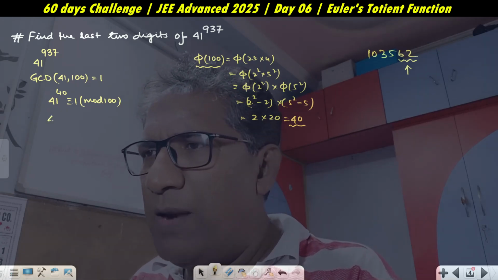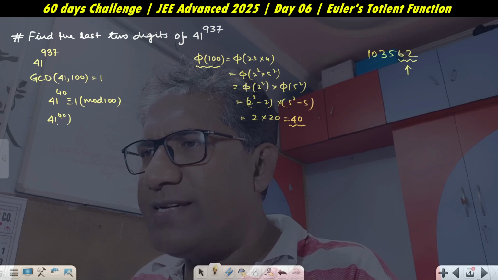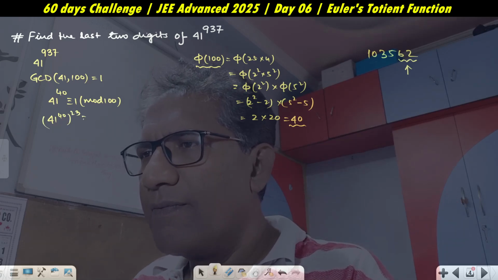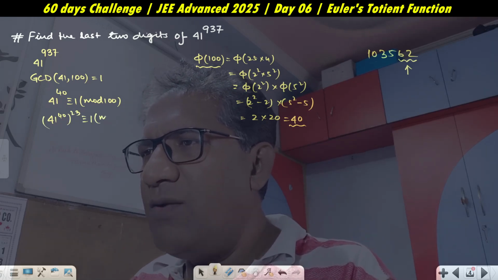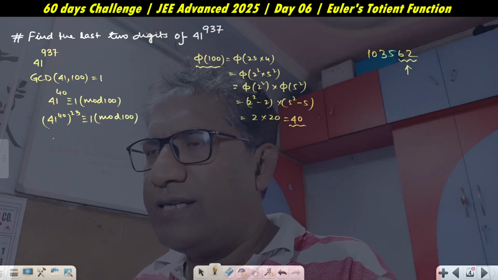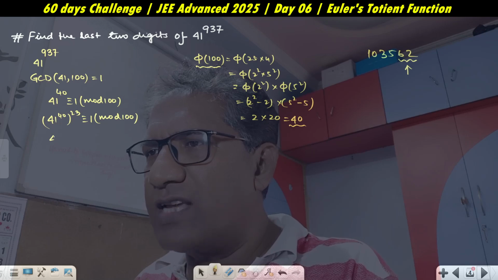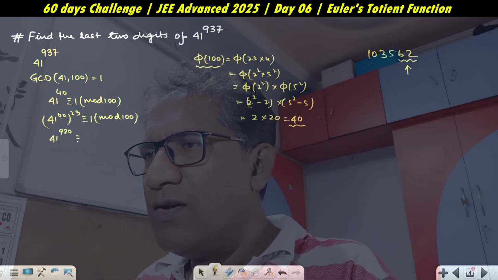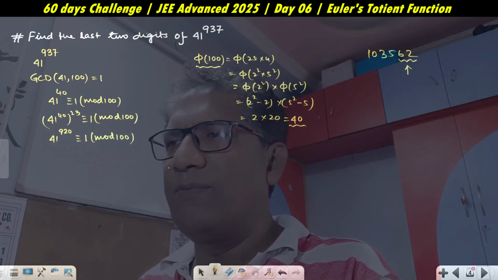So I am simply raising its power to 23. So it is again 1 modulo 100. And 40 times 23 gives us 41 to the power 920, which is congruent to 1 modulo 100.